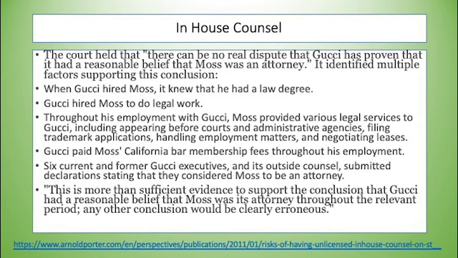Gucci paid Moss's California bar membership throughout the employment. Six current and former executives submitted declarations stating they considered Moss to be an attorney, and the court said this is more than sufficient evidence to support the conclusion that Gucci had a reasonable belief that Moss was its attorney throughout the relevant period. Any other conclusion would be clearly erroneous.